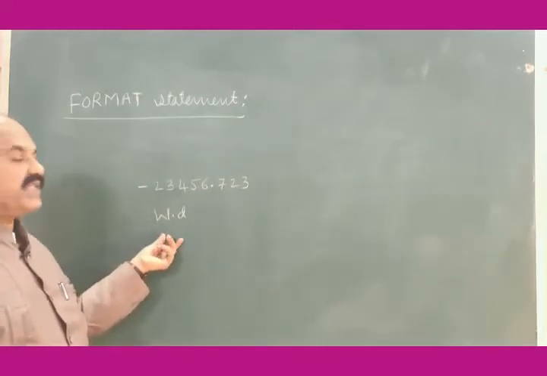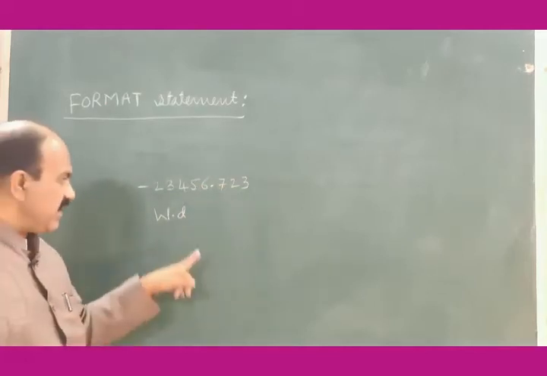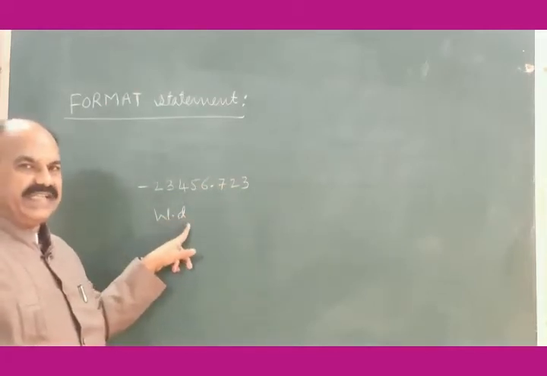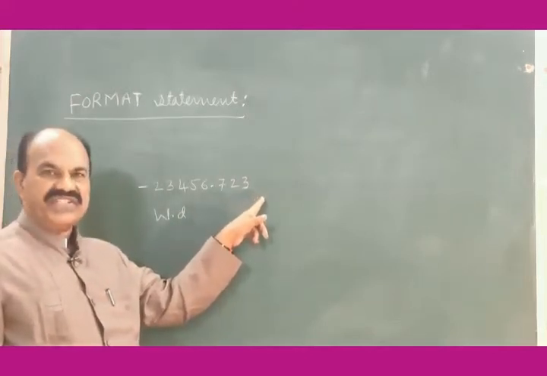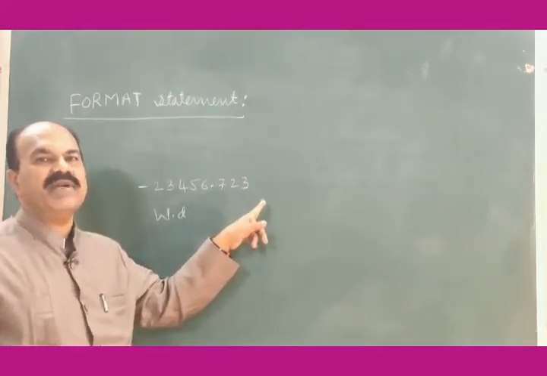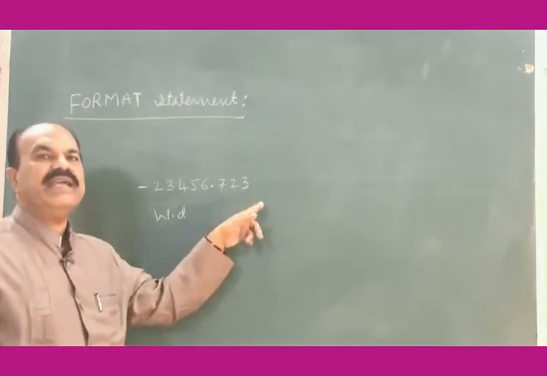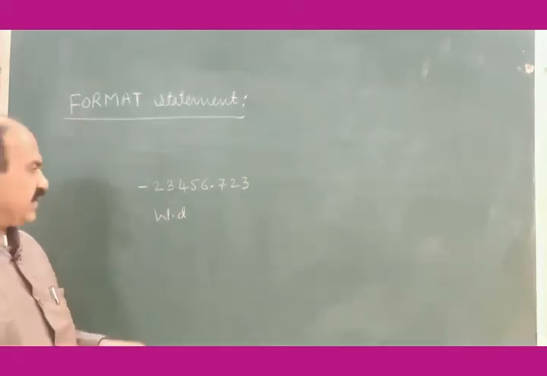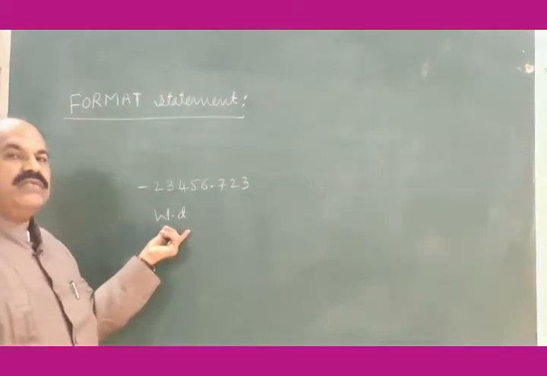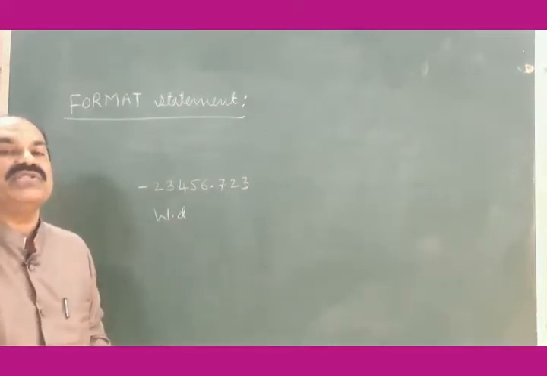W represents the total width of this data. Dot d. D represents the number of digits in the decimal part, the width of the fractional part. So, in general, we need to use w dot d.